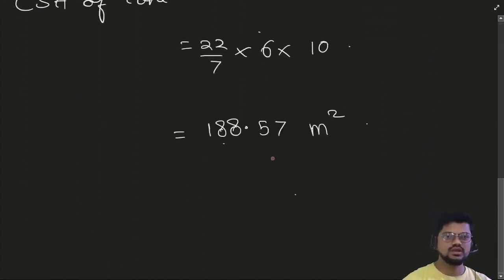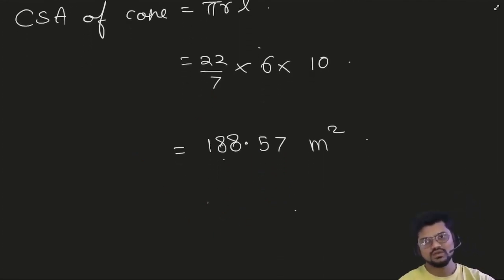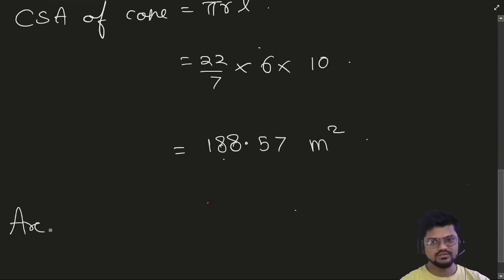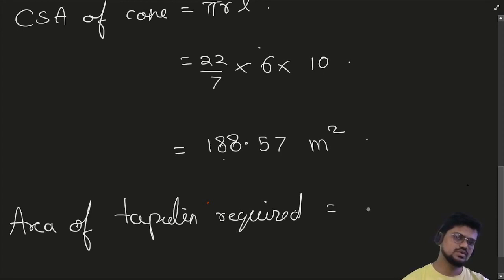This is the total curved surface area of the cone, so this amount of area will be required. So area of tarpaulin required will be equal to 188.57 meter square.